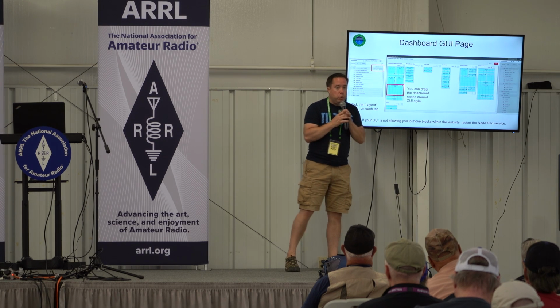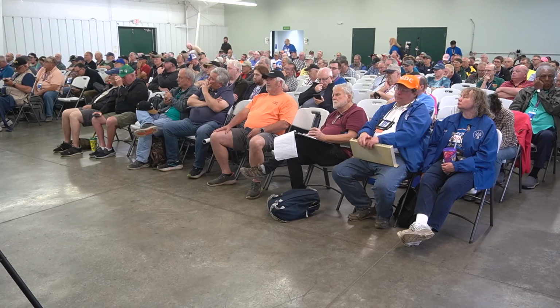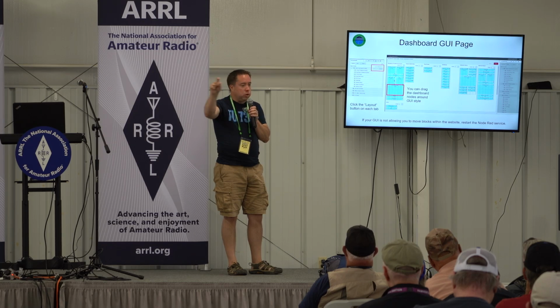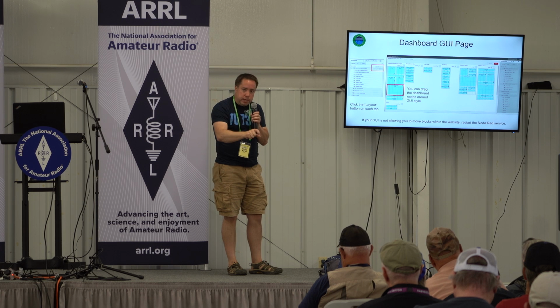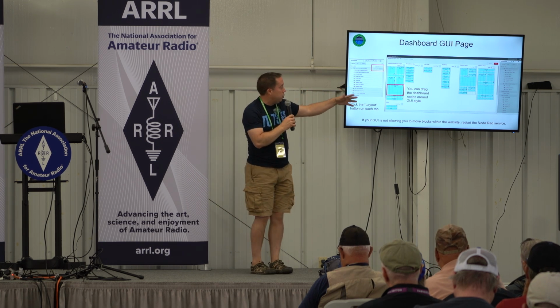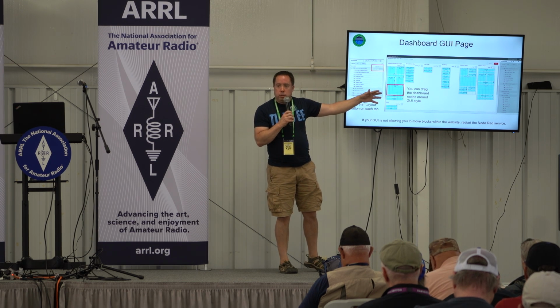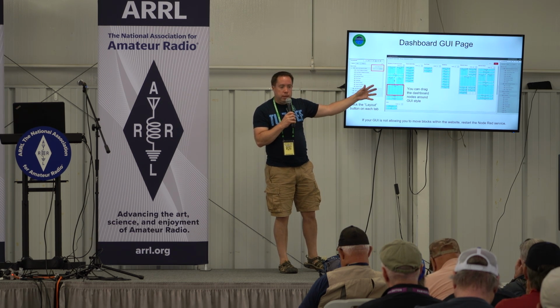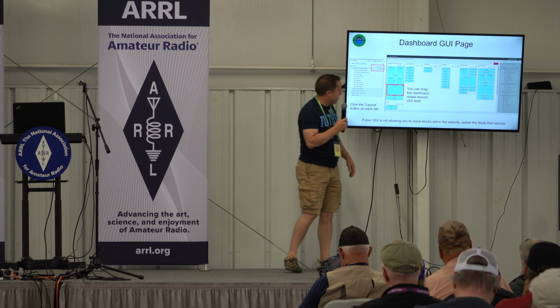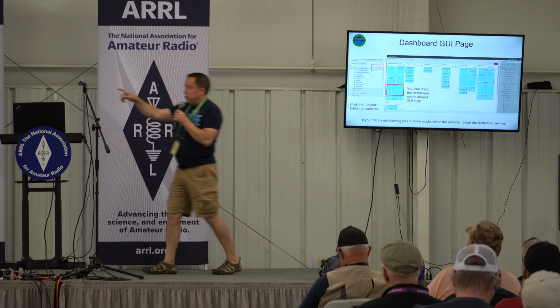So if you've got a node that is too small because the text is too big, you can make it bigger, or you can drag it down, or you can manipulate it anywhere you want, and even drag it over to another group and get it to the point where it looks good and it's where you need it to be. So this is the GUI on the dashboard.